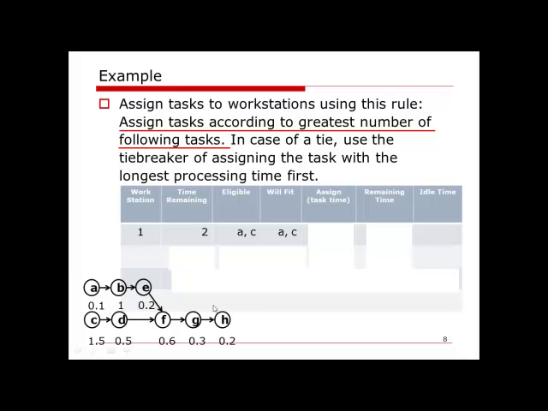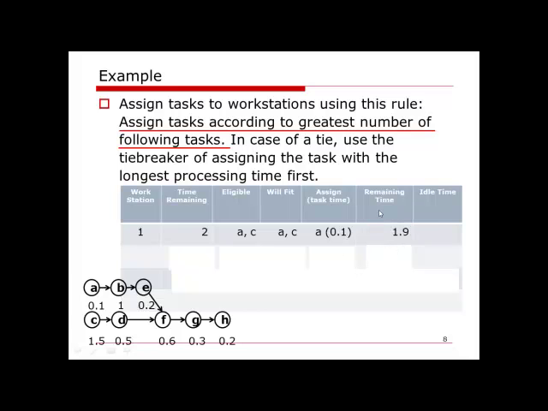A has 5 following tasks. C has 1, 2, 3, 4. 4 following tasks. Now, A has more following tasks, so we will assign A first, not C. So we assign A, which will use 0.1 minutes to finish.